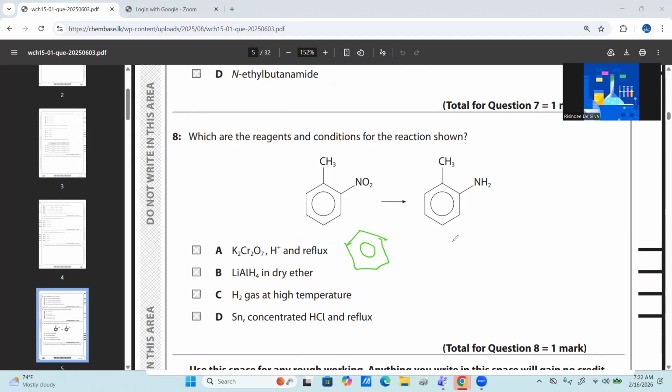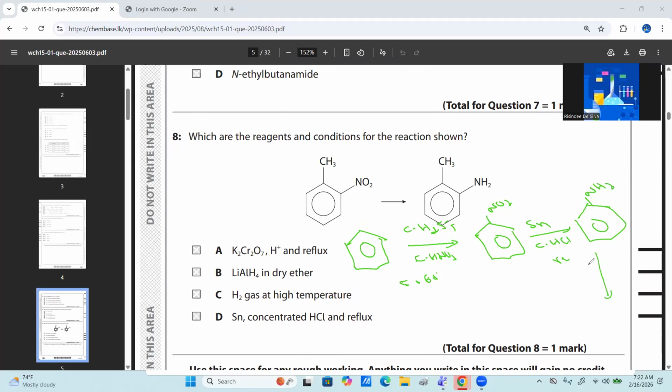First, you can have benzene. Then when you add conc H2SO4, conc nitric, heat it to 50 to 60, you get NO2 group, right? And then if you add tin and conc HCl and reflux, you will get NH2.